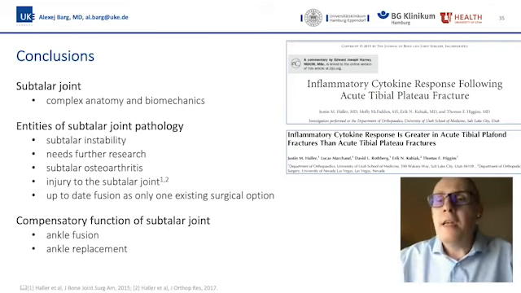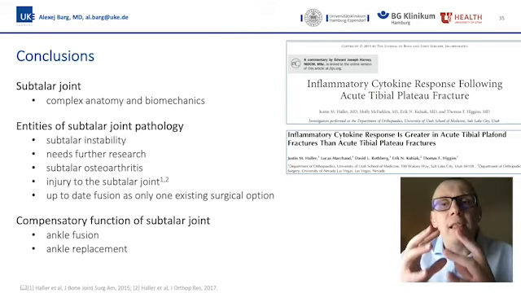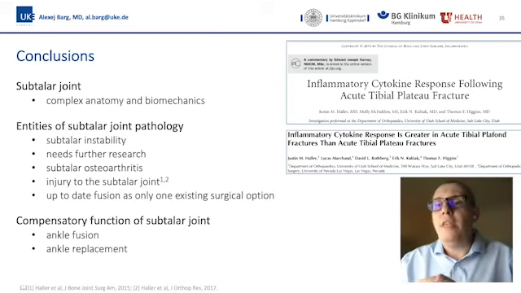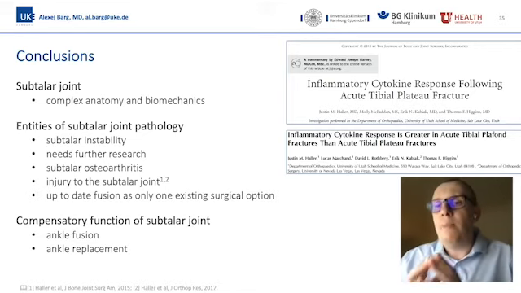So when you have an intra-articular fracture, that means the fracture goes through the joint, there is a lot of inflammation within the joint. And we don't know, is it good or is it bad? We know that healing goes through inflammation, but maybe it is just too much inflammation?